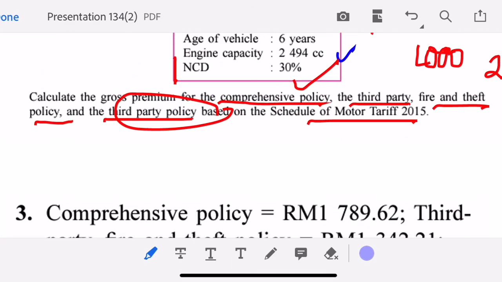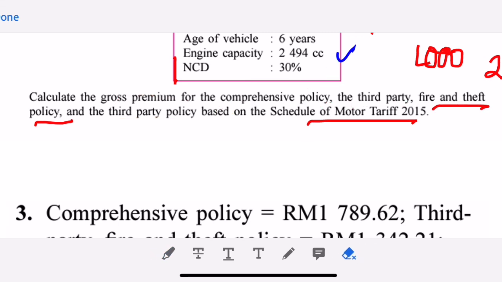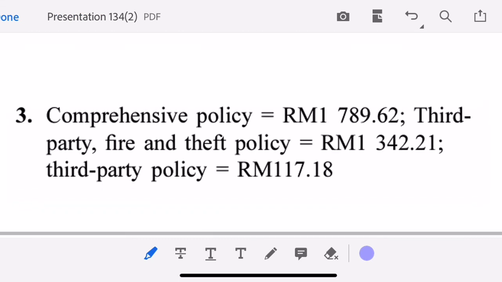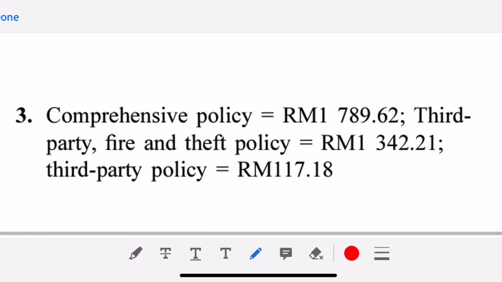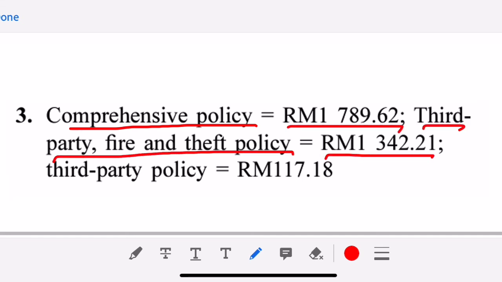All right, so we have calculated the three types of insurance policy. For comprehensive policy it is 1789. For third party fire and theft policy it is 1342. Third party fire and theft is 75% of the 2556 just now, right? And finally, the third party policy just refers to the table and minus out the NCD, so you get 117.18.